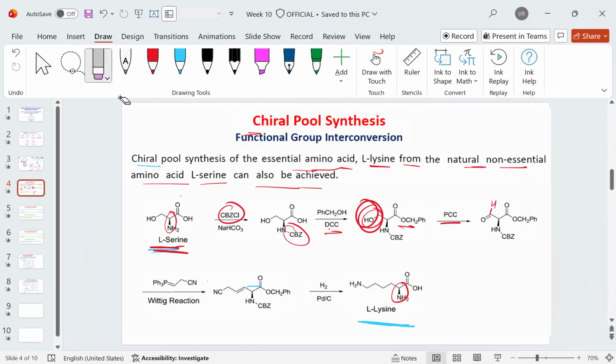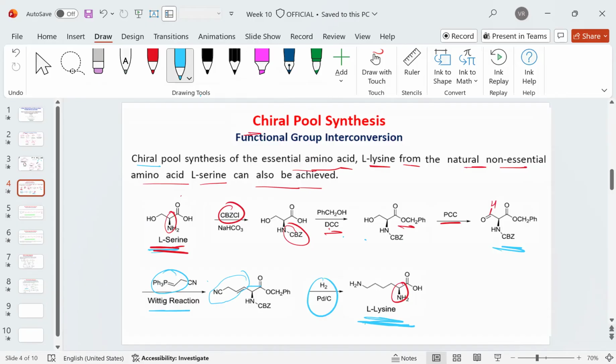Once we get this aldehyde, it is coupled with a ylide under Wittig reaction conditions, and we get the alkene as a product. Once we get this alkene from the Wittig reaction, if we do H2, Pd/C reduction, we get our final target molecule.